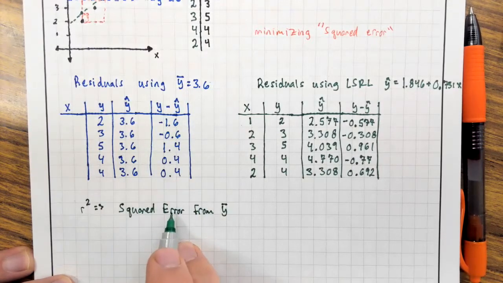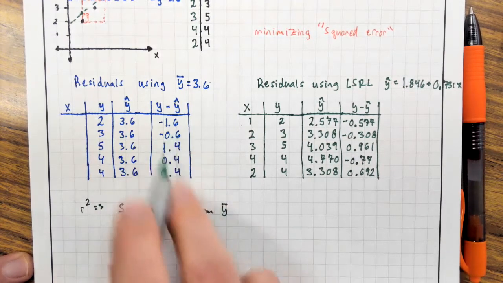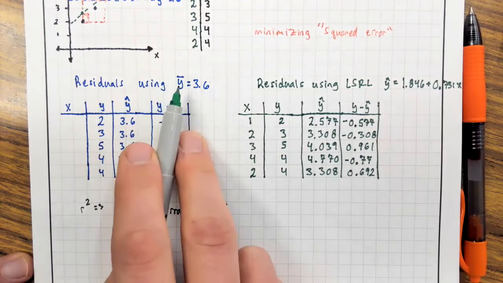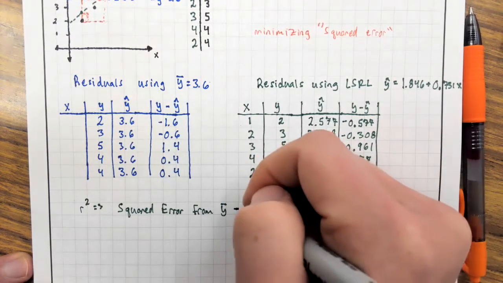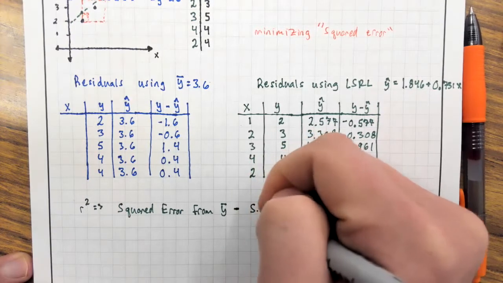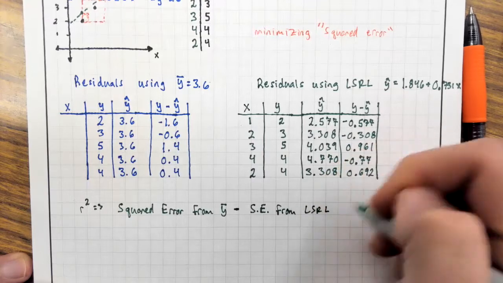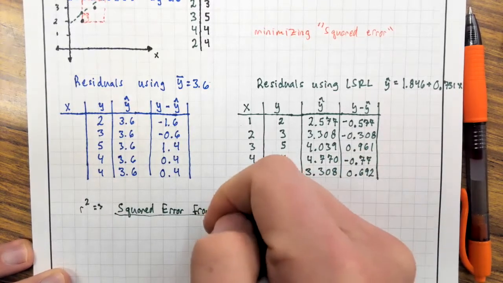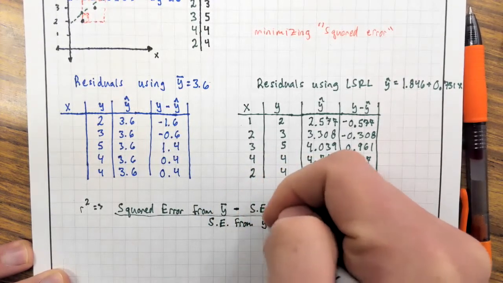Error, by the way, is synonymous with residual. So if I say error or residual, I'm referring to the same thing. So the squared residuals from using y bar as a predictor, minus the squared error from the least squared regression line, all divided by the squared error from y bar.